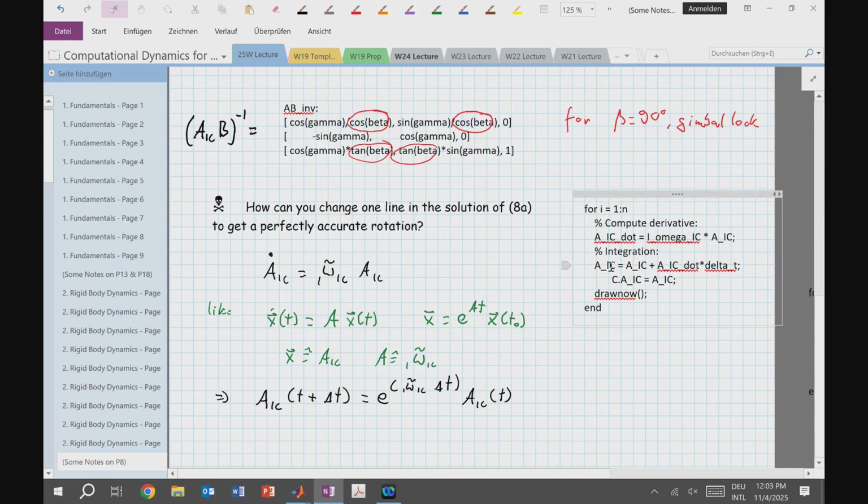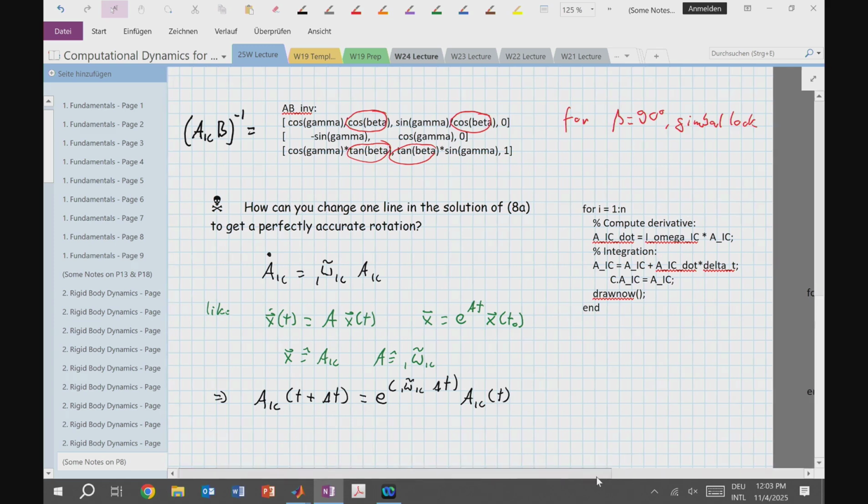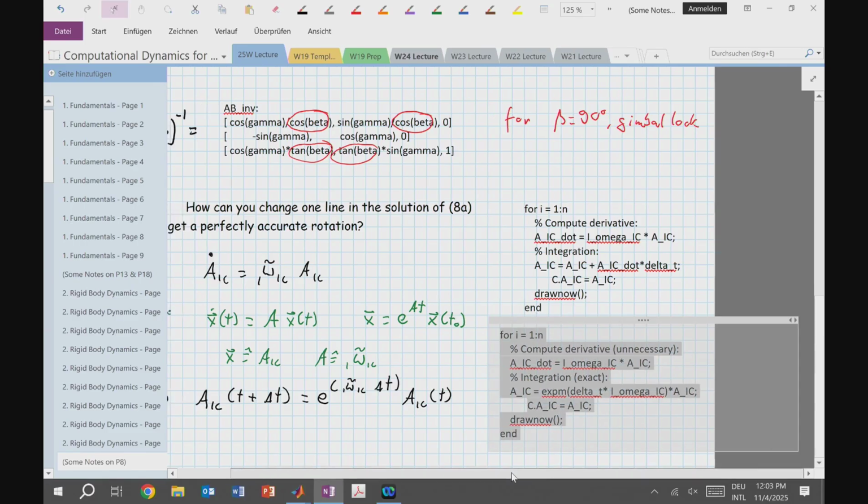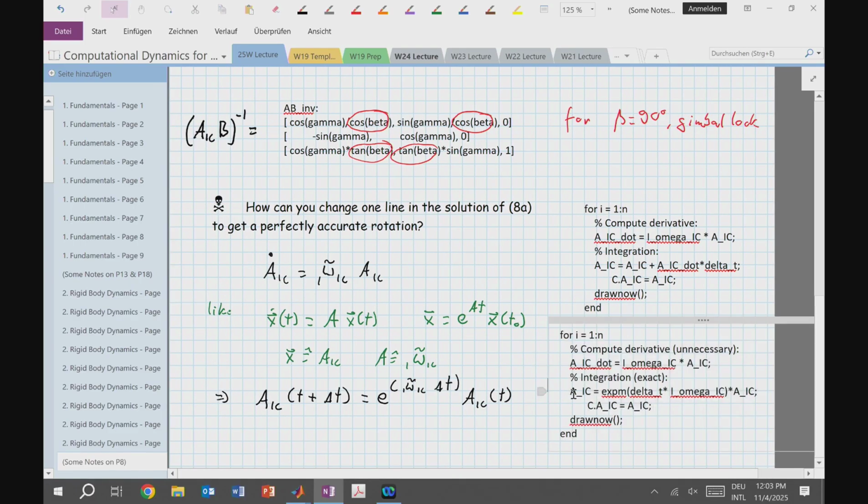Here, A IC new is, sorry, that is the old. I was looking for this guy. Here we go. A IC new is matrix exponential times A IC old. That is now my update step.